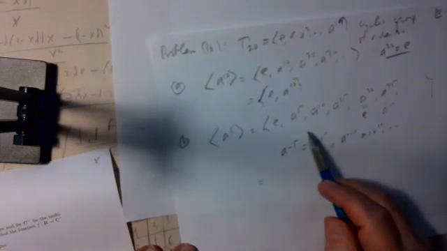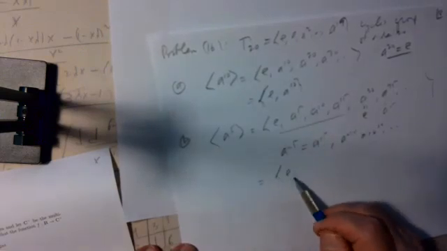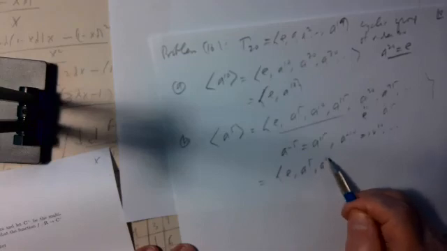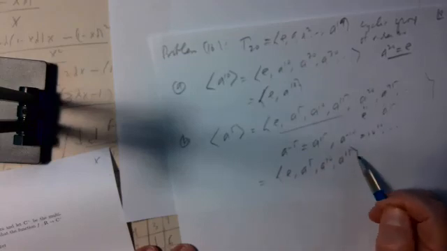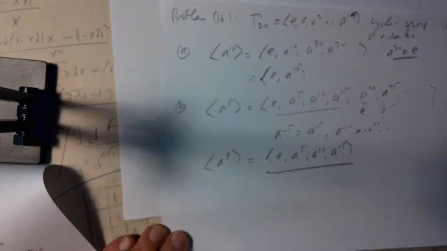A to the minus 10 is a to the 10th, and so forth. So when you look at the set of powers of a to the 5th, there are really just four of them: the identity, a to the 5th, a to the 10th, and a to the 15th. Questions about that?